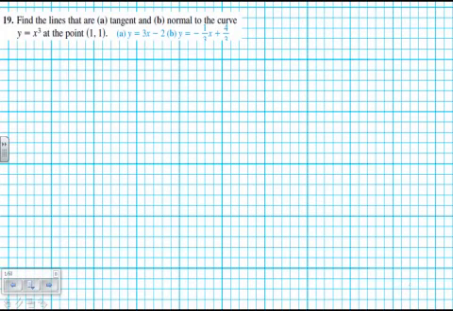So in problem number 19 from section 3.1, we're going to tackle this problem that we're actually going to see again and again and again.